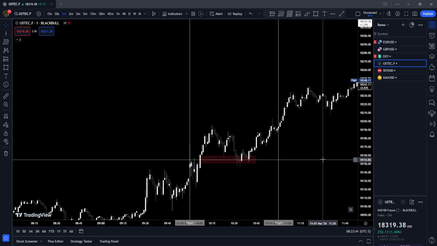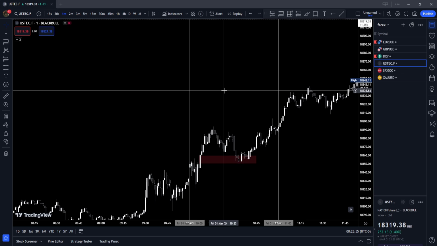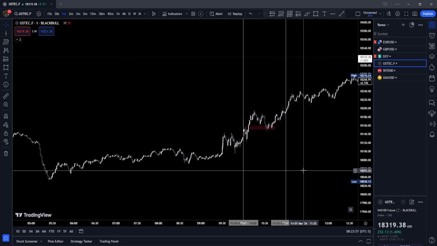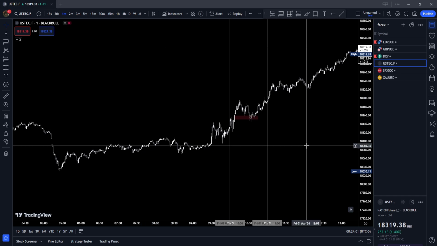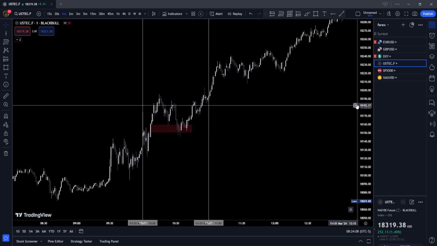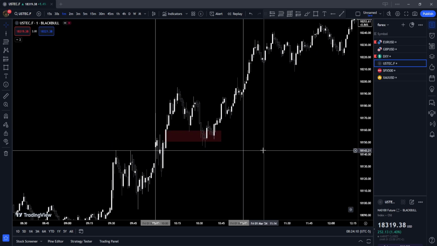So what are the important things that we need to understand trading Silver Bullet? We need to understand the draw on liquidity, which is a previous daily high and previous daily low, or previous weekly highs and previous weekly lows, or previous session highs and previous session lows. In this case, I want to give you a really hard example, to make the easy examples easier for you.